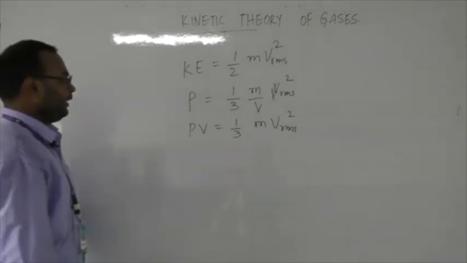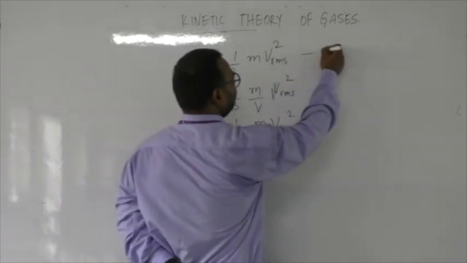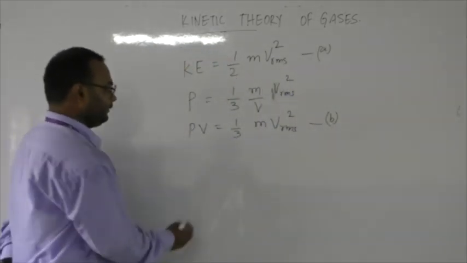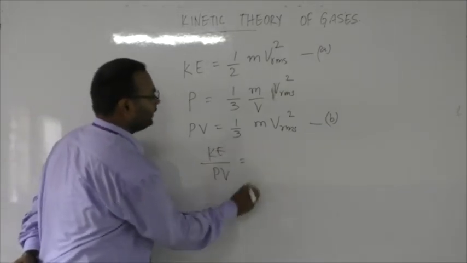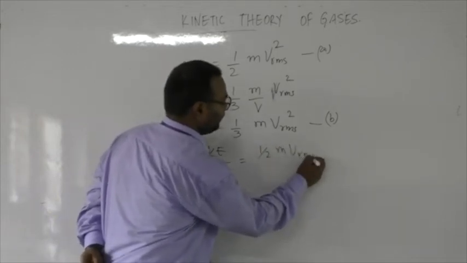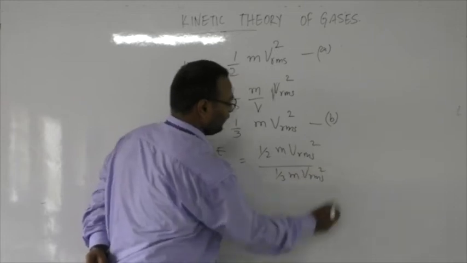Now, from equation A and equation B, if you take the ratio, it will be kinetic energy of gas upon PV is 1 by 2 m Vrms square upon 1 by 3 m Vrms square.